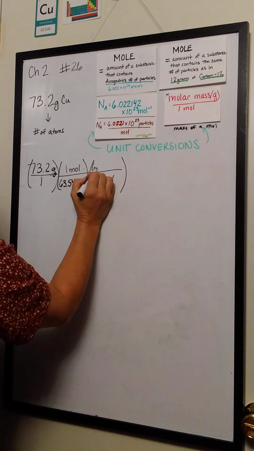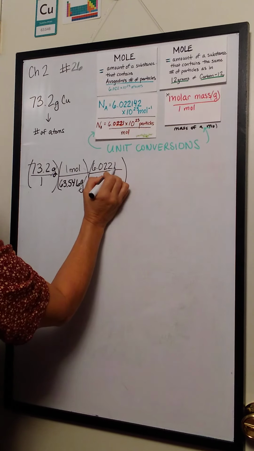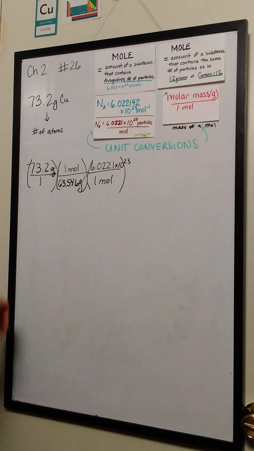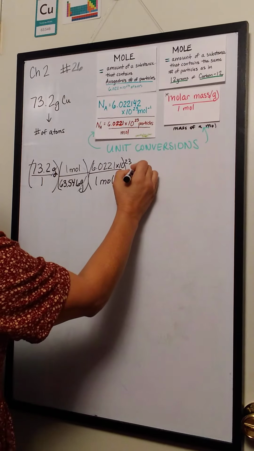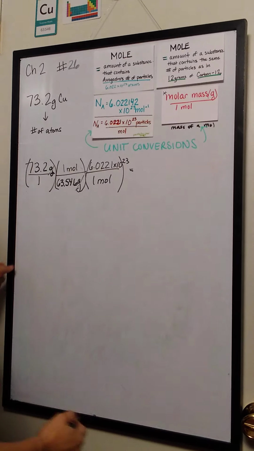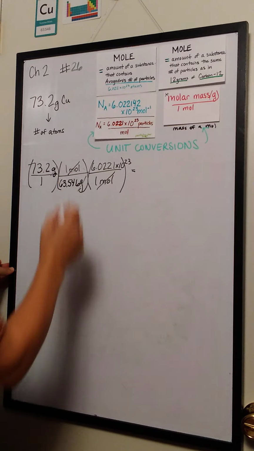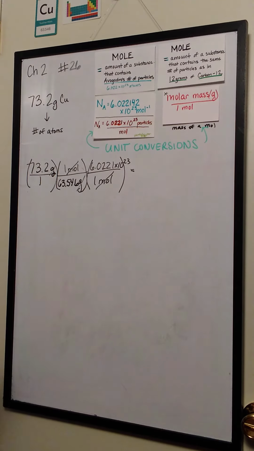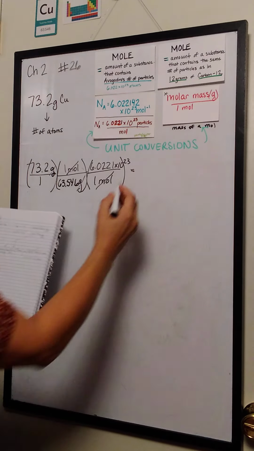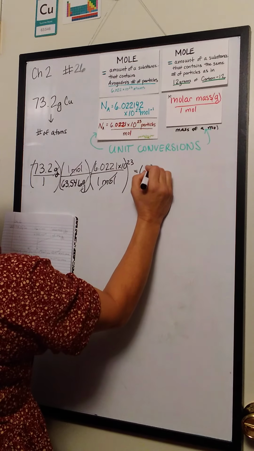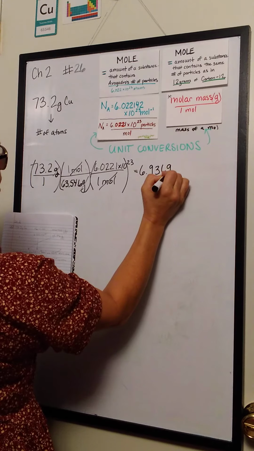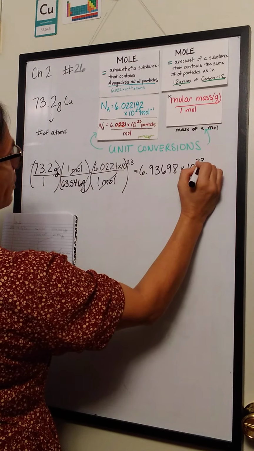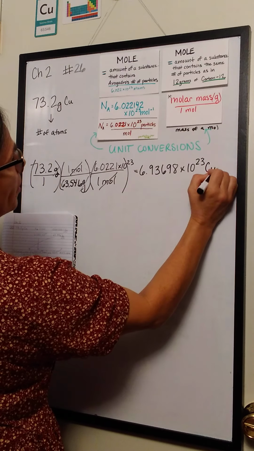So 6.0221 times 10 to the 23rd. Okay, cancel the moles. And now you have particles of copper. So doing the math on your calculator, you're going to get 6.93698 and on times 10 to the 23rd copper atoms.